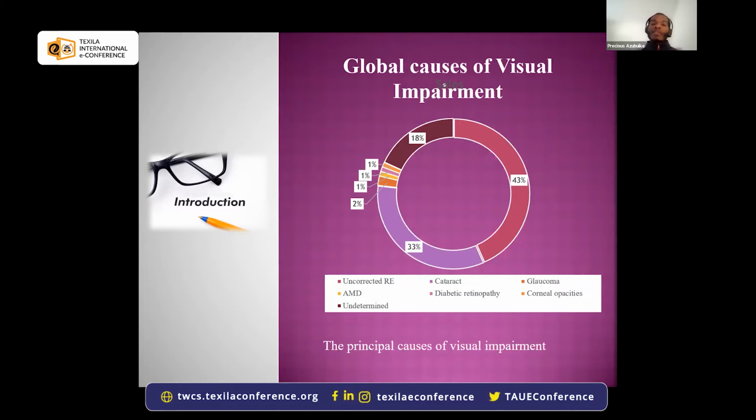Uncorrected refractive error contributes 18%. Corneal opacities, diabetic retinopathy, and age-related macular degeneration contribute about 1% each. About 18% of the causes of visual impairment have been undetermined so far.